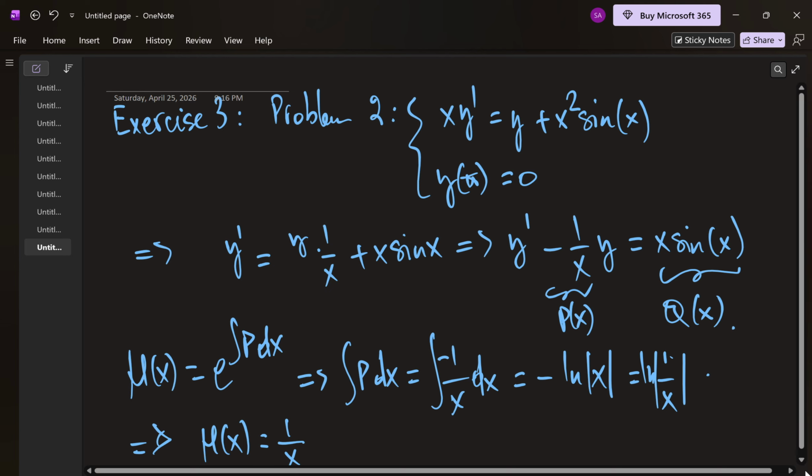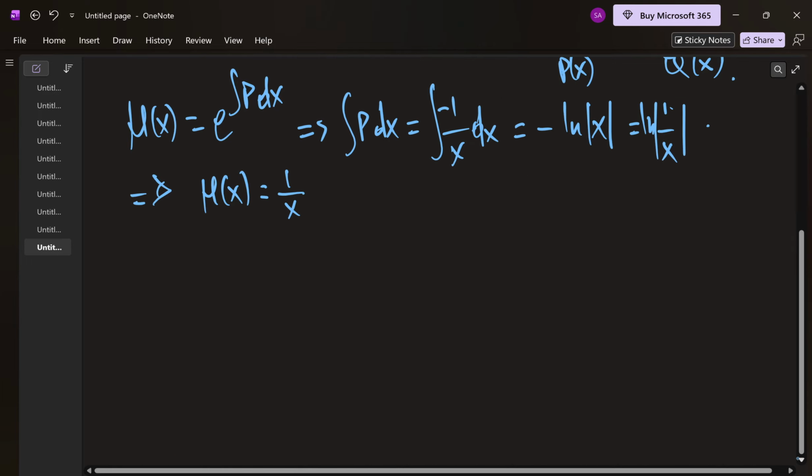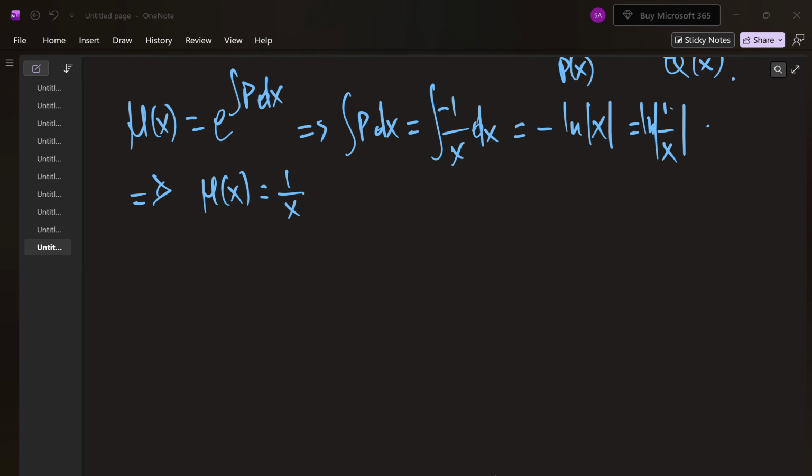now you multiply by the integrating factor.